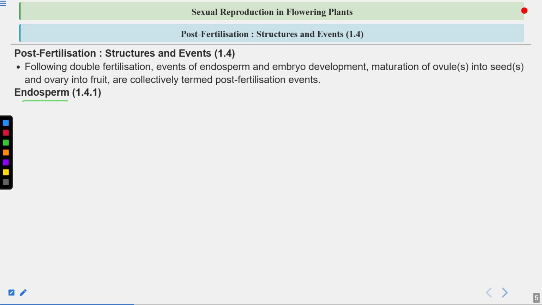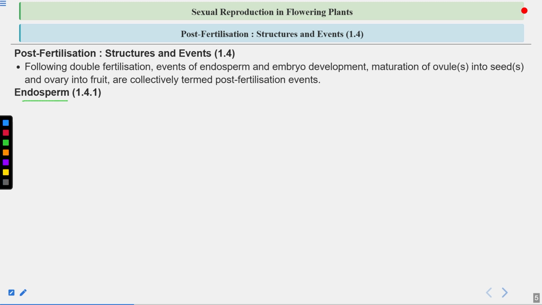For nourishing, because the embryo development requires nourishment, and that nourishment is supplied by the endosperm. Correct? So we will see how the endosperm formation takes place.